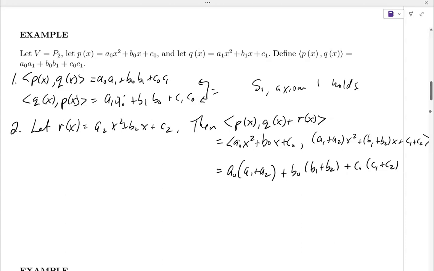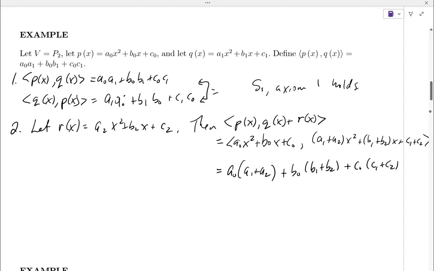The way the inner product is defined here is that it says take your coefficient on the x squareds and multiply them together. Take your coefficients on the x terms, multiply them together, take your constants, multiply them together, then add everything, right? What if we break it up the other way?